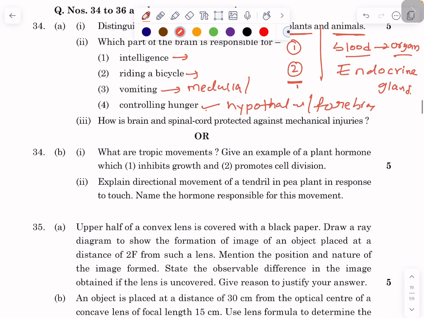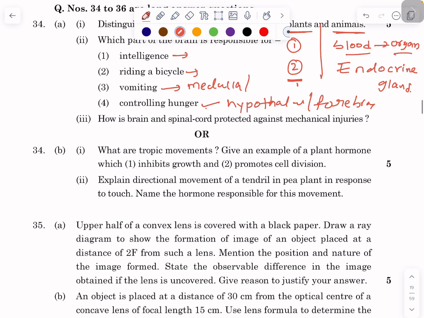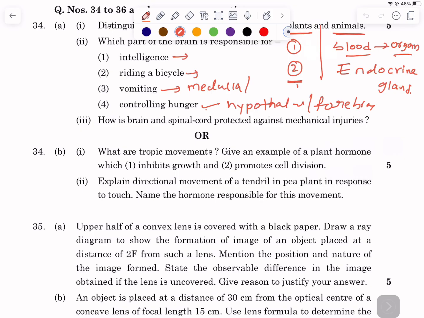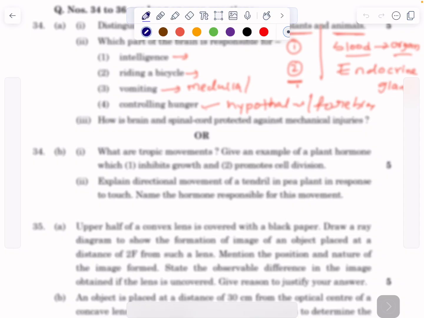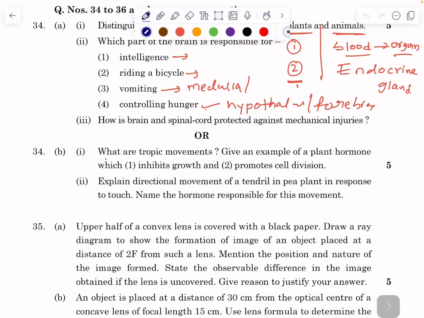Next, question number 34. What are tropic movements?